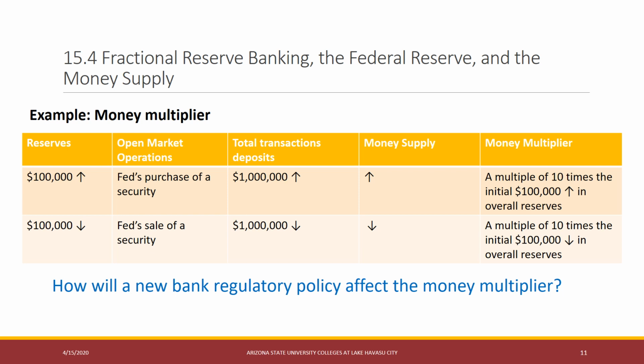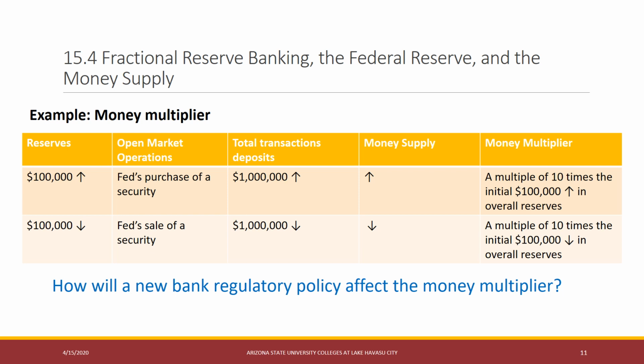Similarly, a $100,000 decrease in the reserves generated by the Fed's sale of securities or sale of bonds will yield a decrease in the total deposits of $1 million. That is a multiple of 10 times the initial $100,000 decrease in the overall reserves. So we can generalize about the extent to which the total money supply will change when the banking system reserves are increased or decreased.